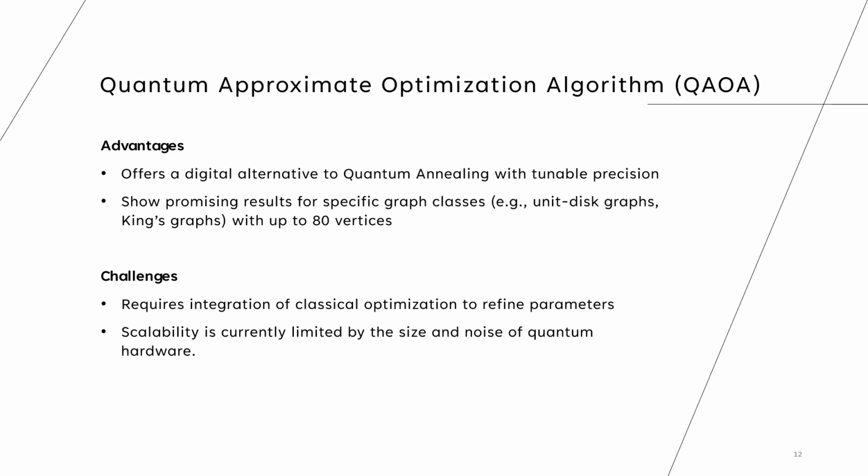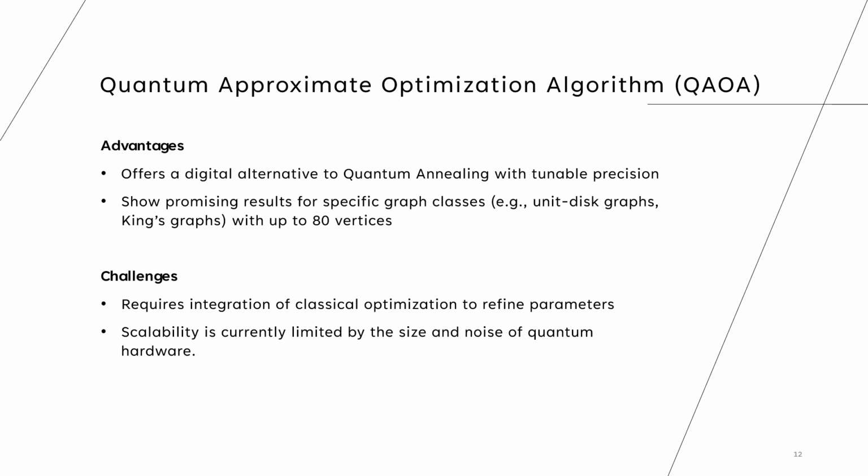The quantum approximate optimization algorithm offers a digital alternative to quantum annealing with a tunable precision, which makes it versatile for optimization tasks. It has shown promising results for specific graph classes such as unit disk graphs and King's graphs, with tests involving up to 80 vertices.